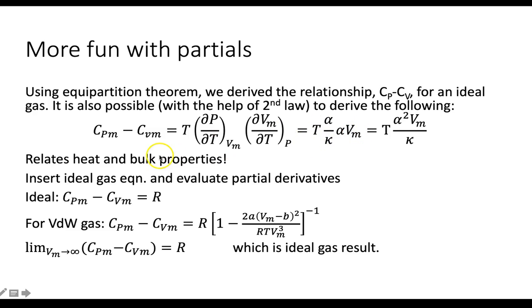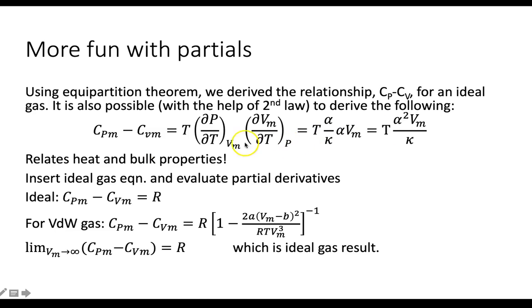So the difference between these heat capacities is temperature times alpha squared Vm over kappa. Here we have an equation that links heat properties with bulk mechanical properties, alpha and kappa. So we can go both ways: figure out bulk mechanical properties from the heat properties, or heat from the bulk properties. This is a powerful tool.